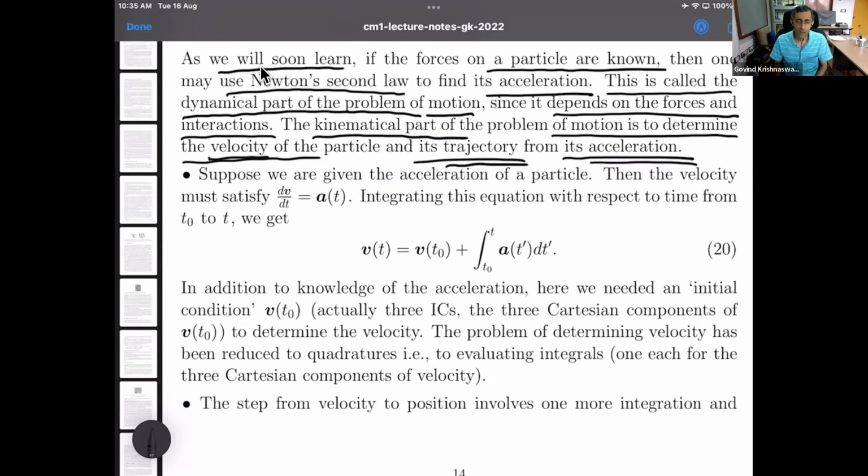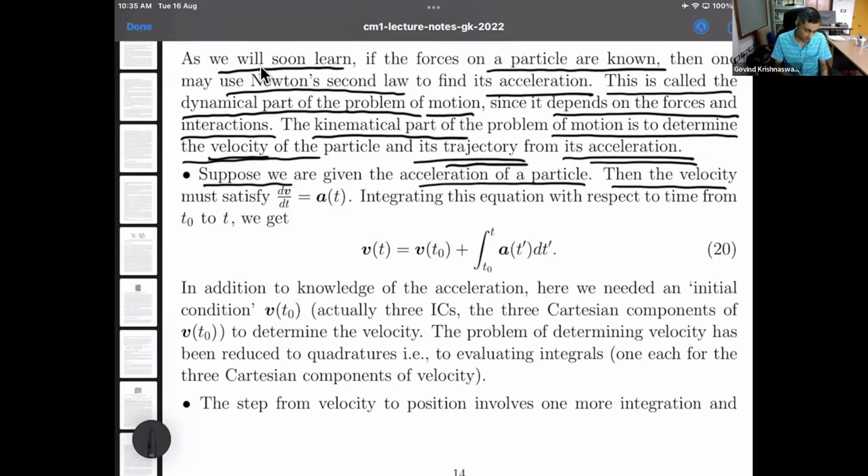There's more to kinematics, and we will say more as we go. We are going to introduce other terms as well. I will say more on this distinction and these concepts, but for now, we will address this question. Suppose we are given the acceleration of a particle.